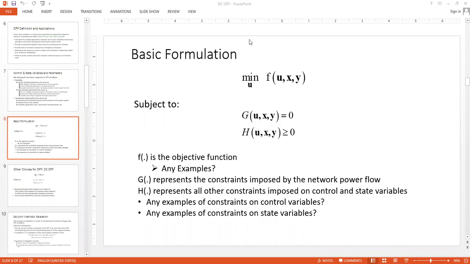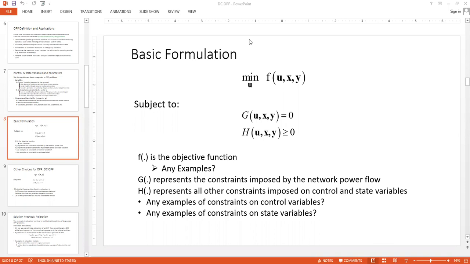So in the last class, we were discussing the formulation of DC power flow, and later in the class, we solved an example based on the DC formulation of conventional AC load flow.